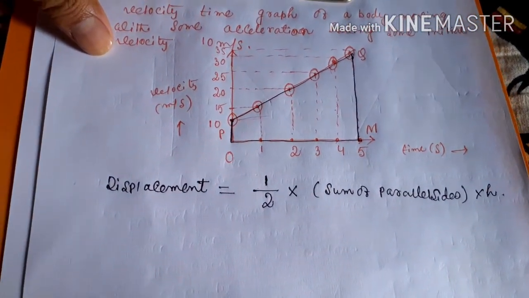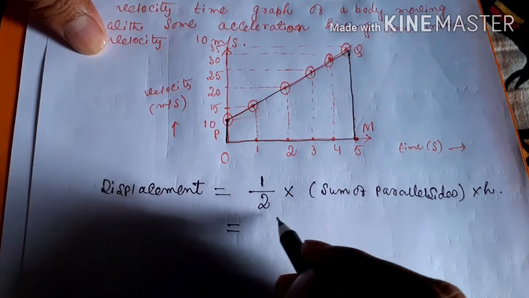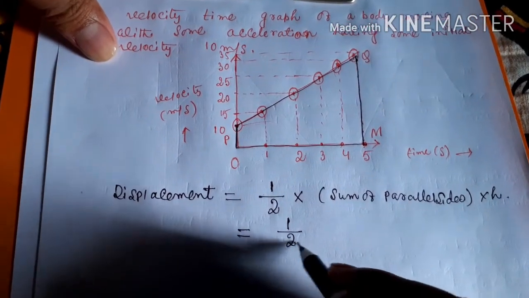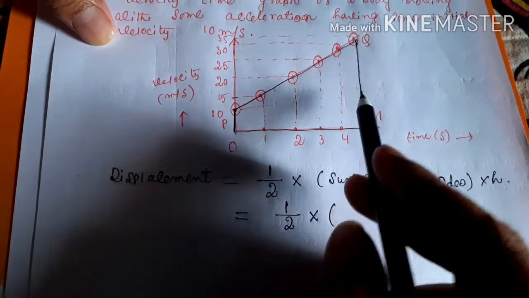So in this case, half into sum of the parallel sides means this is one side and this is the another side.